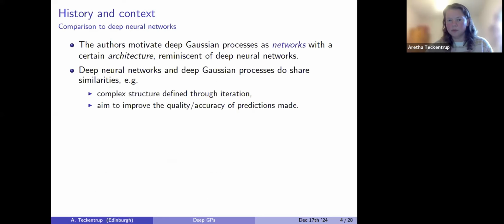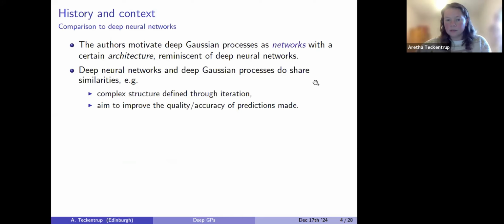So they do draw the similarity to deep neural networks, and they use, for example, the phrase architecture to describe it, in a terminology that's very reminiscent of deep neural networks.